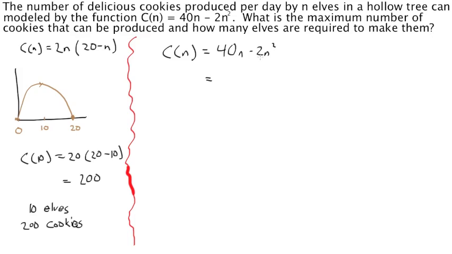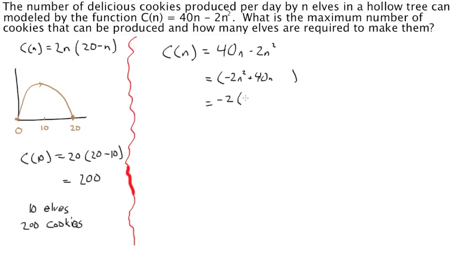We're going to group together our variable terms. Well, it's a good thing because we don't have any constant terms in this case. So I'm going to write it as negative 2n squared plus 40n. Now notice my coefficient of my squared term is negative 2, so I need to factor that out.